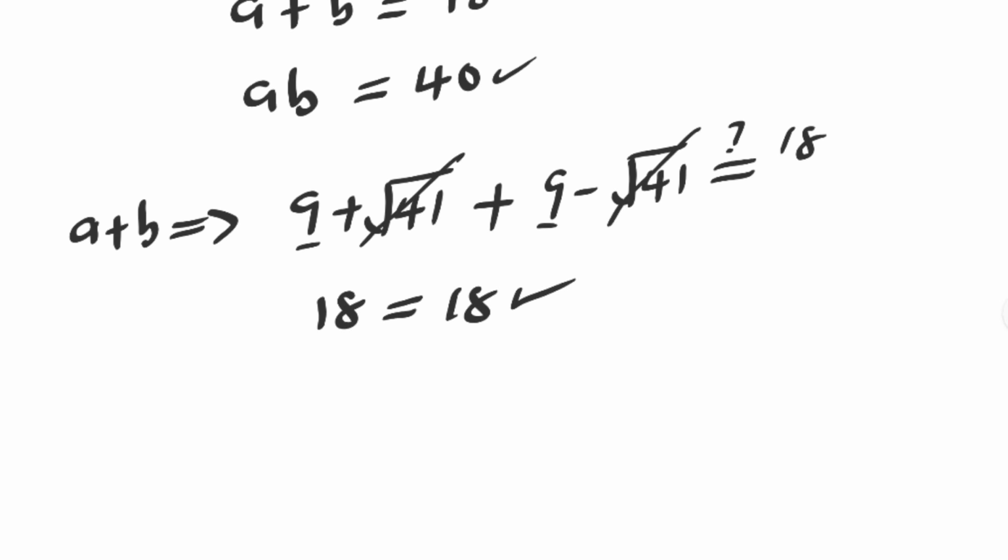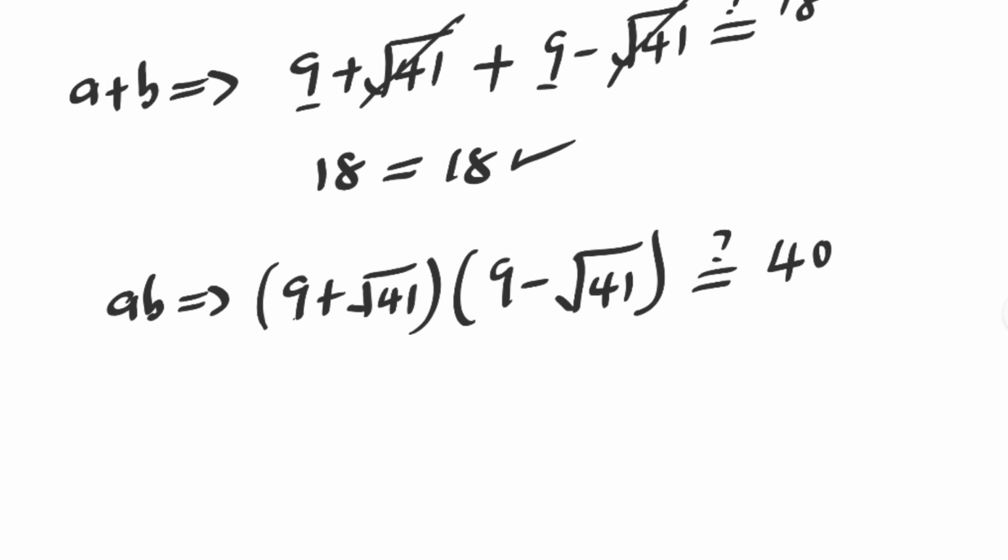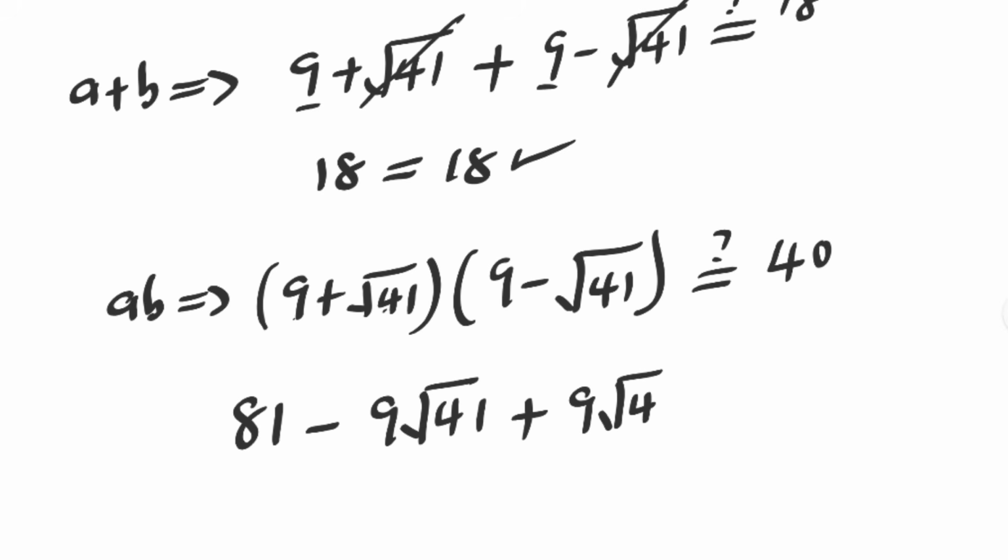Let us consider this. AB can be written as 9 plus square root of 41 multiplied by 9 minus square root of 41 must be equal to 40. This is 9 times 9, we have 81, minus 9 root 41, plus root 41 multiplied by 9, 9 square root of 41, minus root 41 multiplied by root 41.